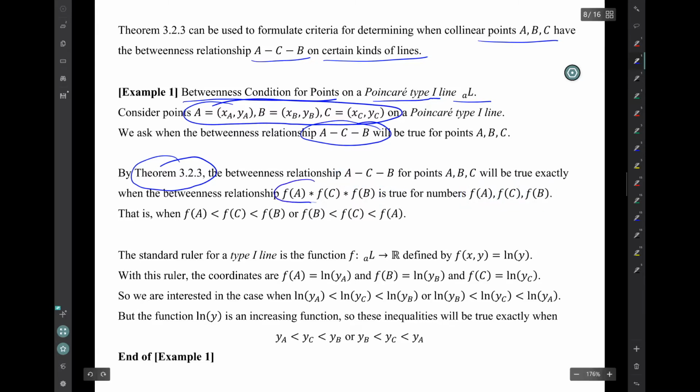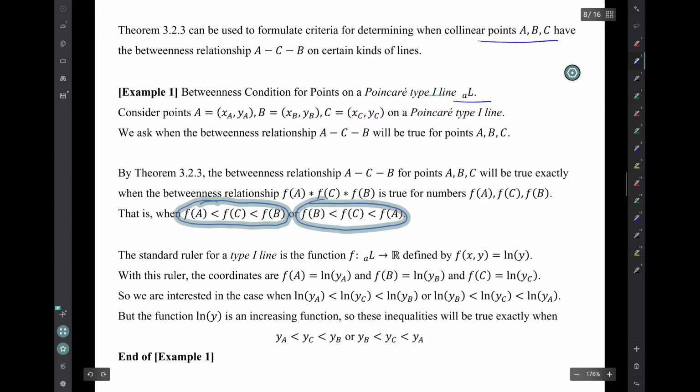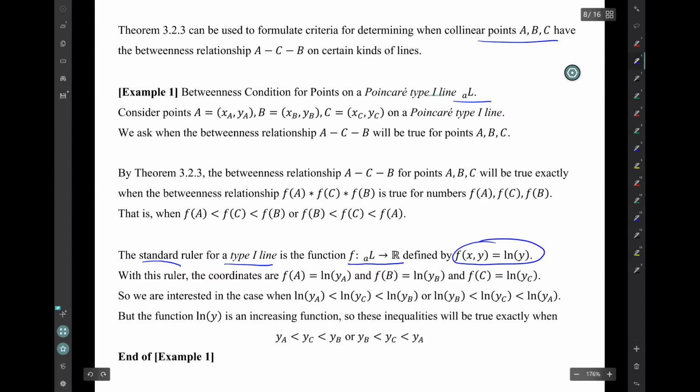But this betweenness relationship for those coordinates, for those numbers, that just means this. Either the coordinates satisfy that inequality, or the coordinates satisfy this inequality. Now, the standard ruler for a type 1 line is this function, the function from the line to the real numbers defined by this. F of x comma y is just ln of y.